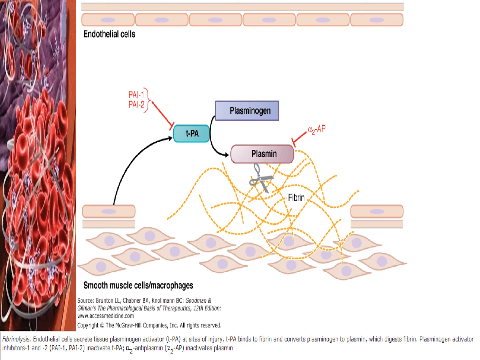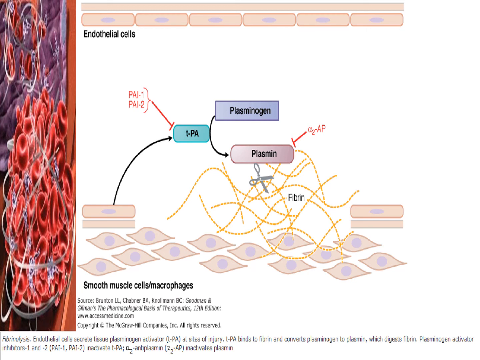The endothelial cells secrete tissue plasminogen activator, here indicated as TPA, at the site of injury. This tissue plasminogen activator binds to the fibrin and converts plasminogen to plasmin, which further digests the fibrin meshwork.